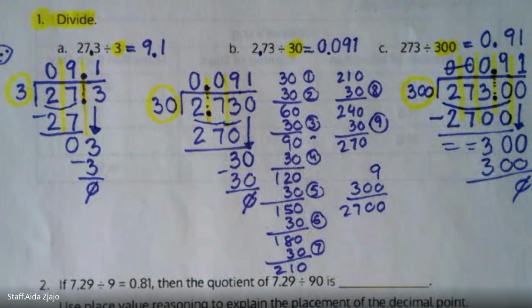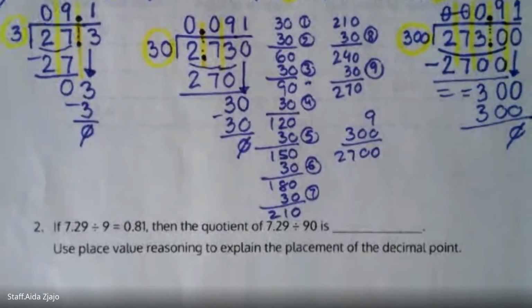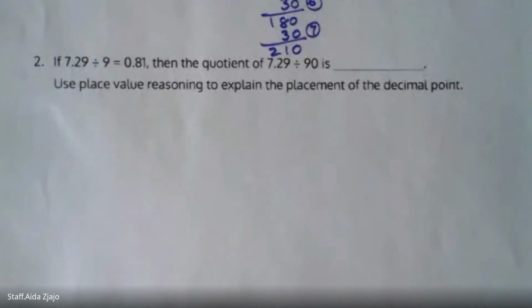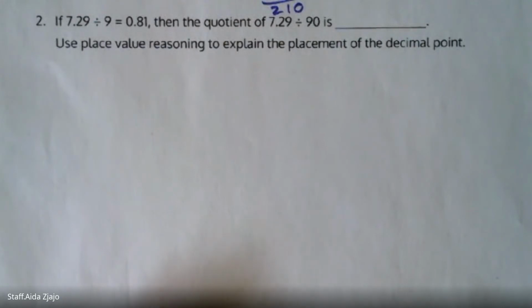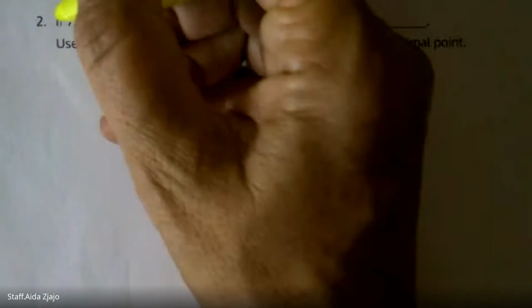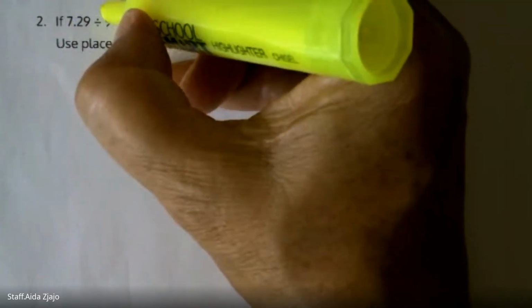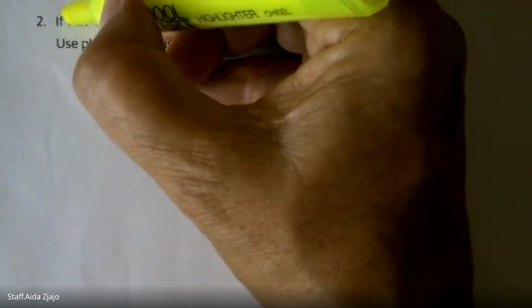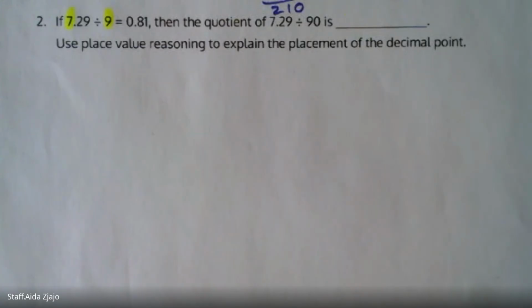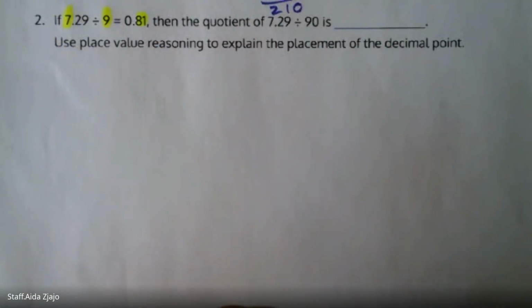Okay, let's see what we can do with this. If $7.29 is divided into 9 groups, each group will get 81 cents, $0.81.